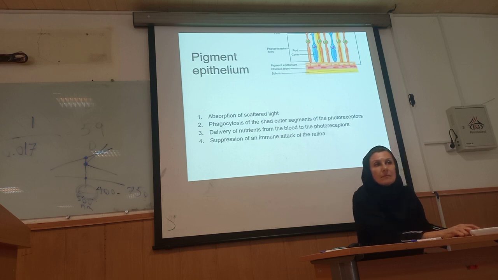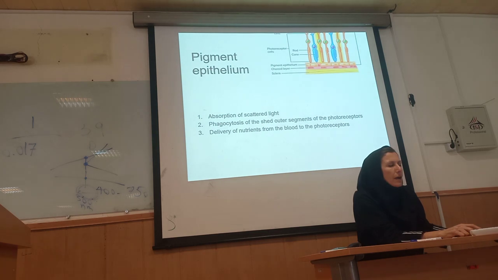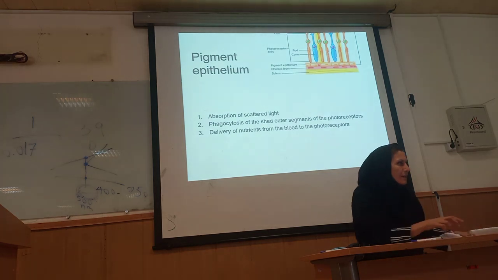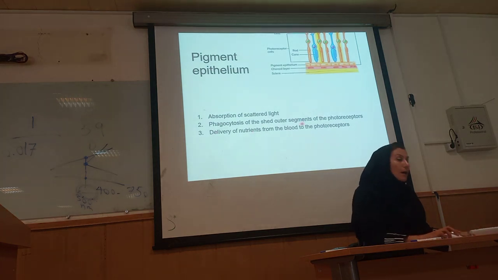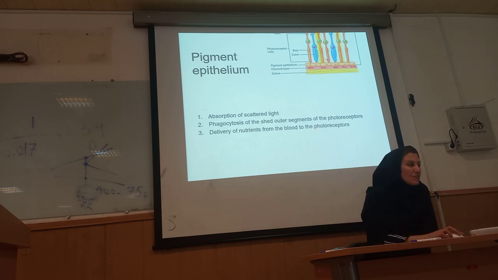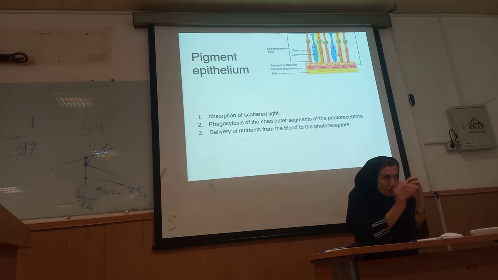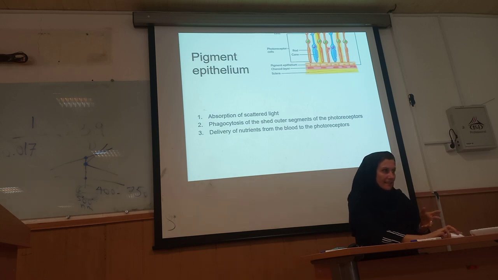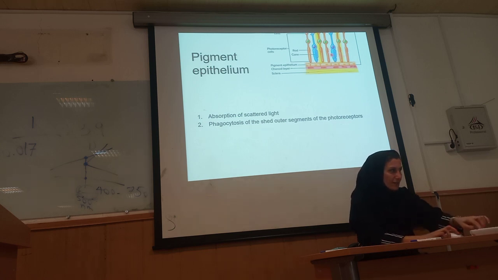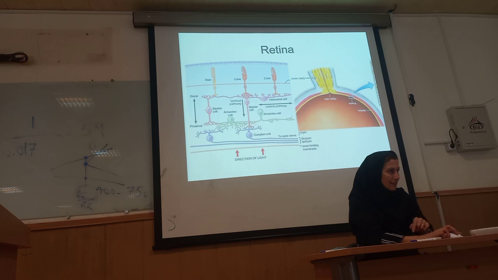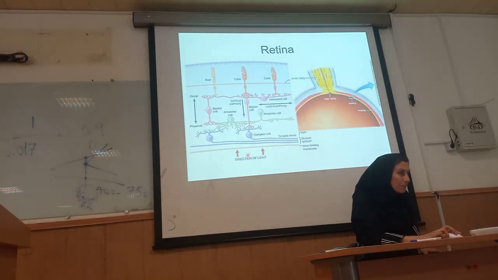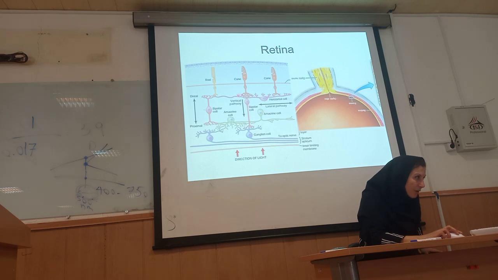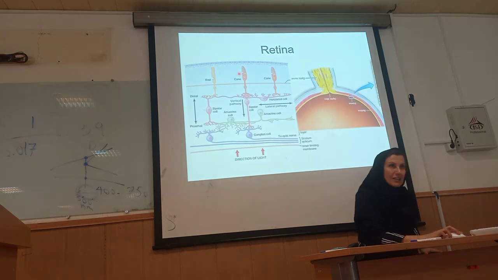Why do we need the phagocytosis of the outer segment of photoreceptors? Because, pay attention, between all cells here, I said to you, direct light can pass all parts to reach here.